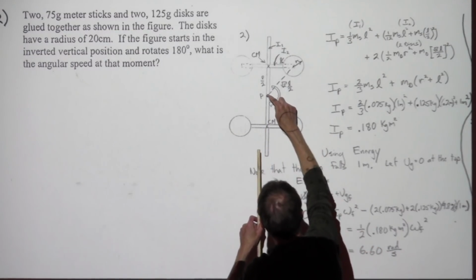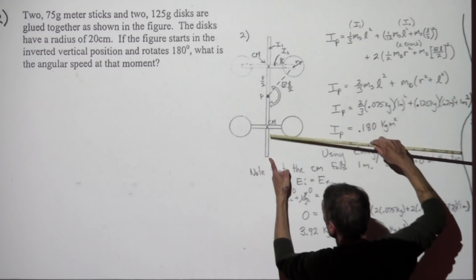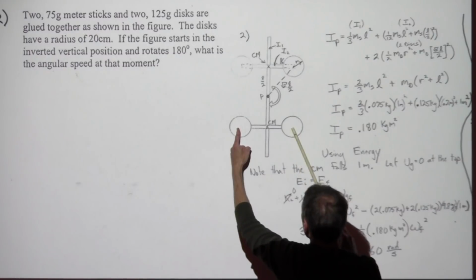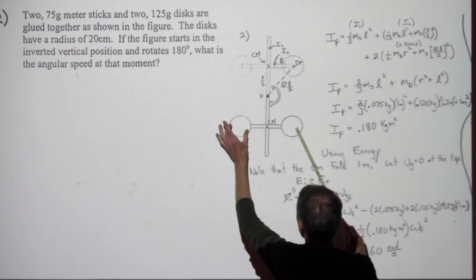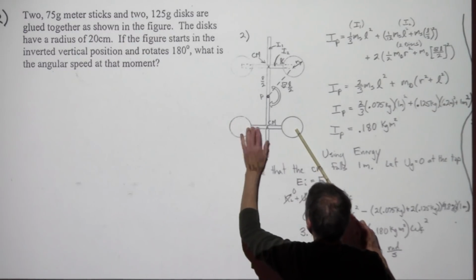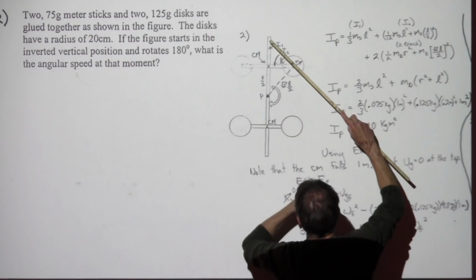At the very bottom, it's going to rotate around this point. We've got a meter stick here, and another meter stick glued on the end, and right at the tips of the meter stick are going to be the centers of the circular discs that we put on there. I've got this whole thing drawn as it swings up here.